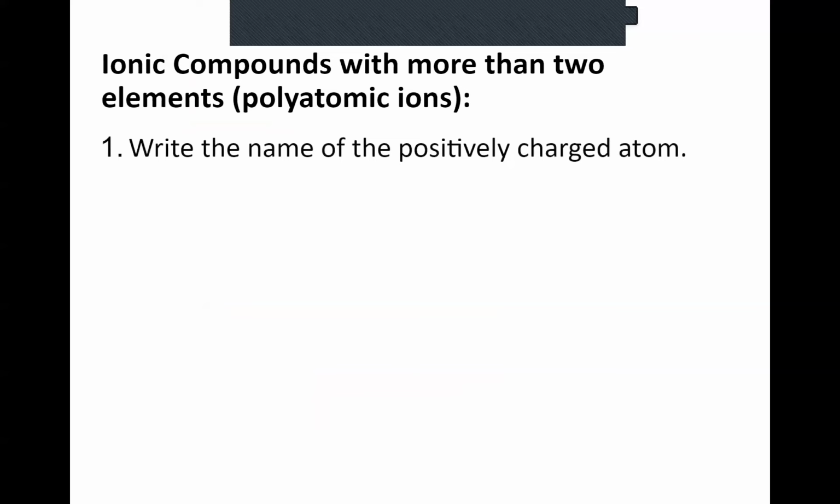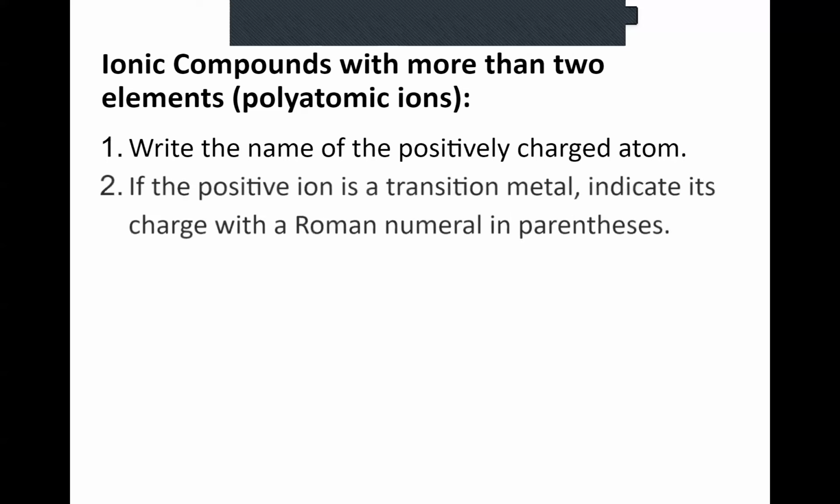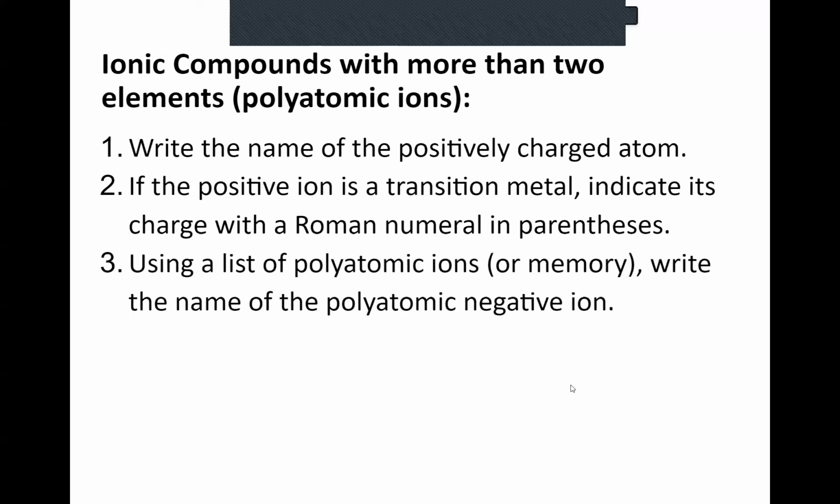Here are a set of steps that will be helpful to follow when you're encountering problems involving polyatomic ions. First, write the name of the positively charged atom, or if it's the ammonium ion, you would just write down the name of that ion. 2, if the positive ion is a transition metal, indicate its charge with a Roman numeral in parentheses. 3, using a list of polyatomic ions or your memory, write down the name of the polyatomic negative ion.